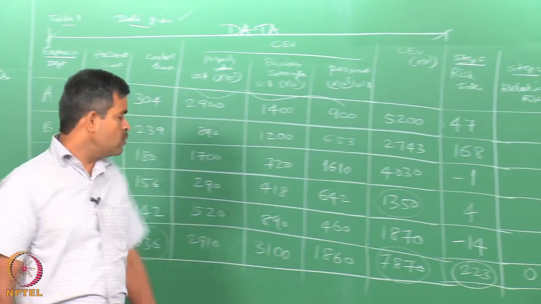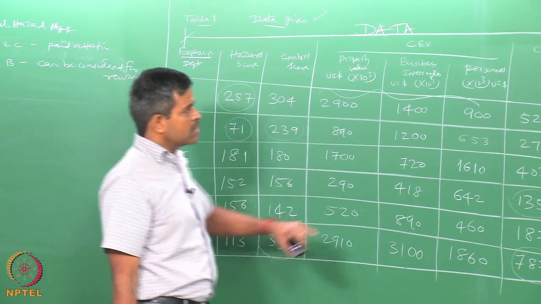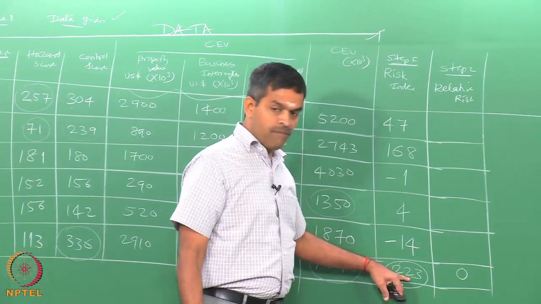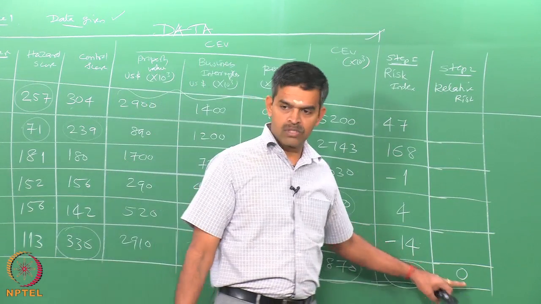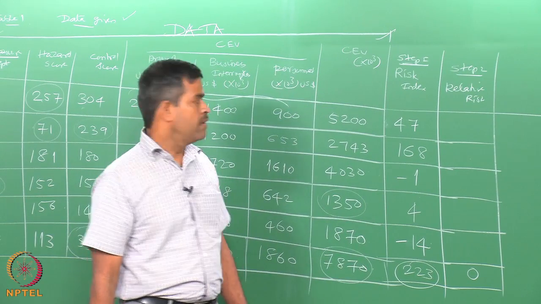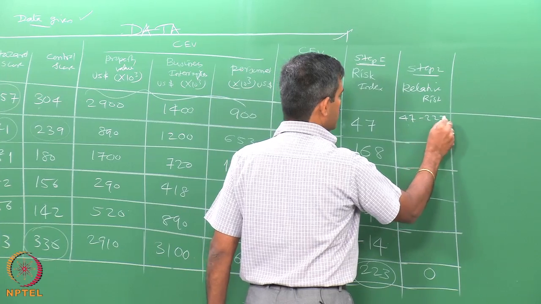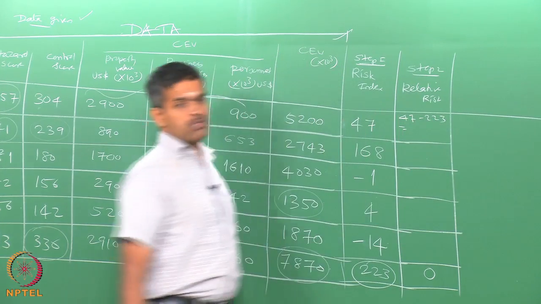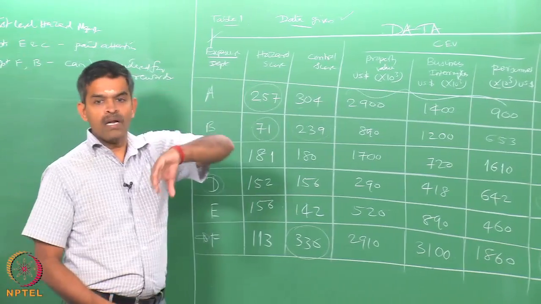If I take the risk index of the department and deduct that of the base reference department, I will get 0 here, because 223 minus 223 will be 0. Now, to compute this, I should say 47 minus 223. It should not be the other way. This department should be compared with the best.